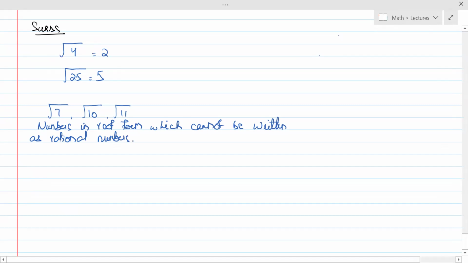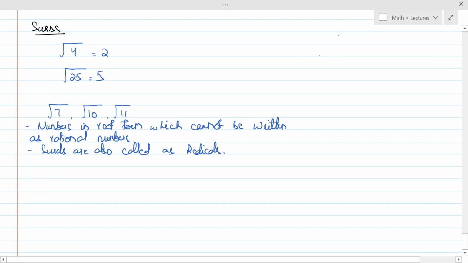And in maths, surds are also called radicals.